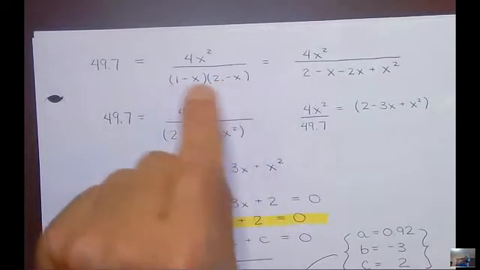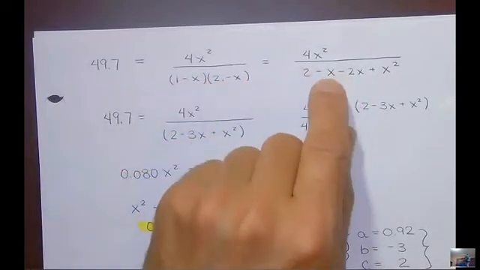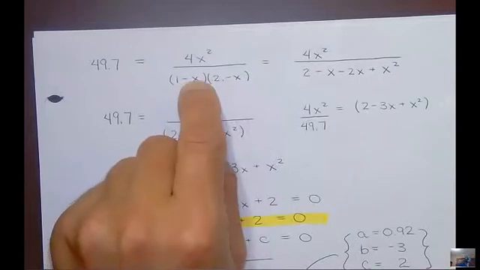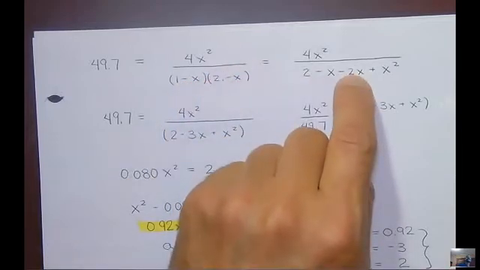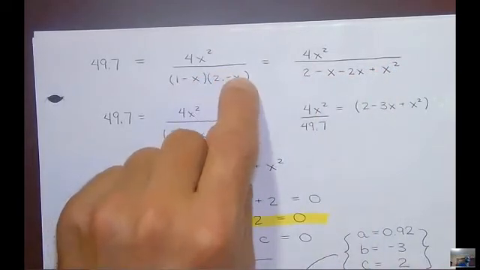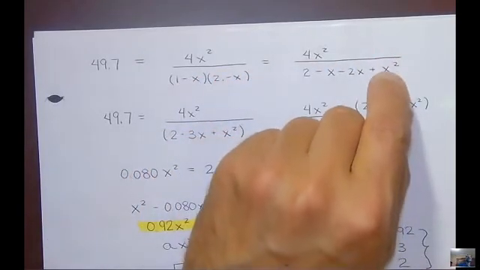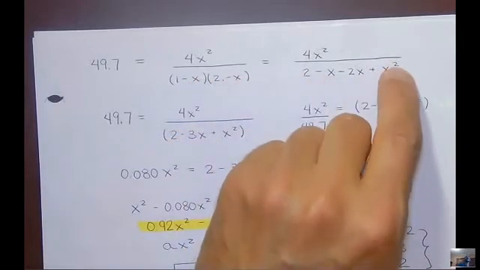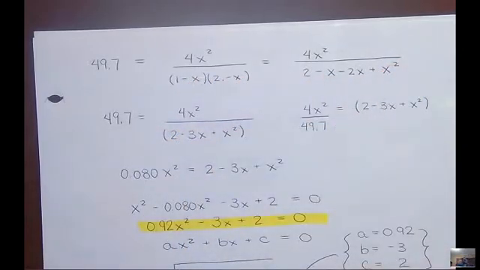Outer times outer. 1 times minus x gives me minus x. Inner times inner. 2 times minus x gives me minus 2x. And then the last, negative x and negative x gives me positive x squared. Negative times negative is a positive. X times x is x squared. Okay, next step.